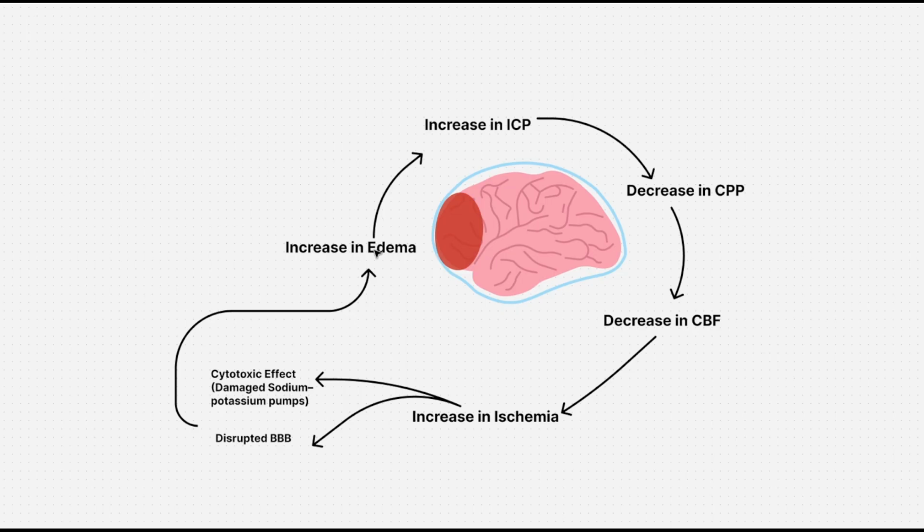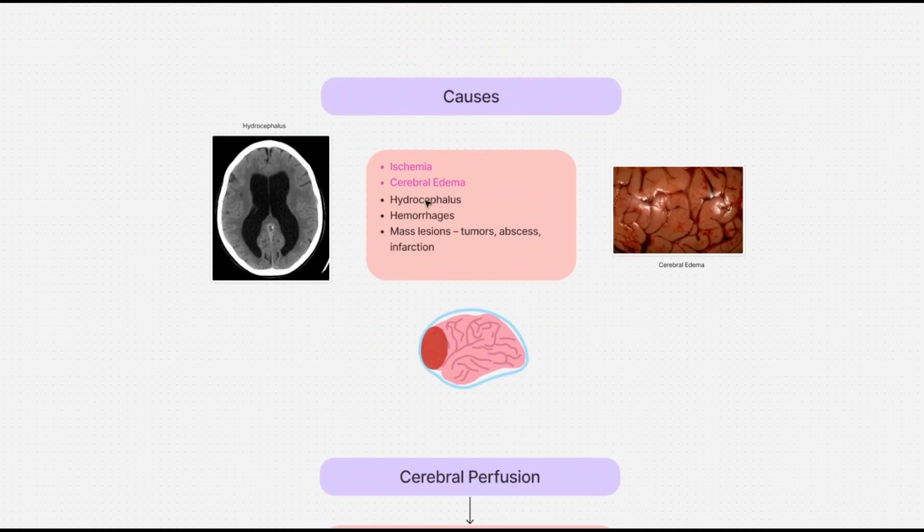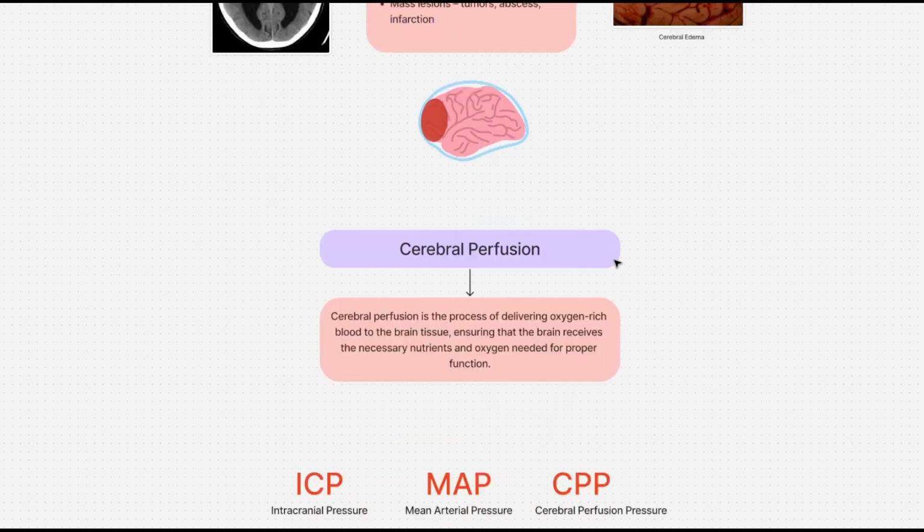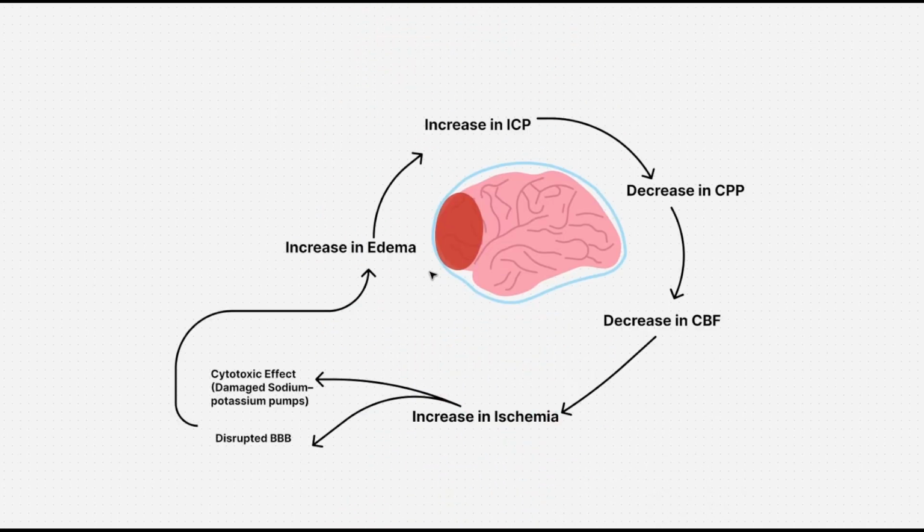We also mentioned that edema is a cause of increased pressure. So even if the initial cause was hemorrhage, this can lead to ischemia, and the ischemia is going to lead to edema, and then this cycle keeps continuing, and the pressure keeps increasing. It's just this vicious cycle.